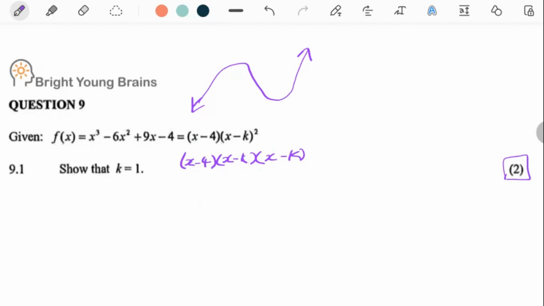So these 2 brackets that look the same, it means that you have a turning point where you also have an x-intercept. I'll repeat, this tells you that you have a turning point where you also have an x-intercept.